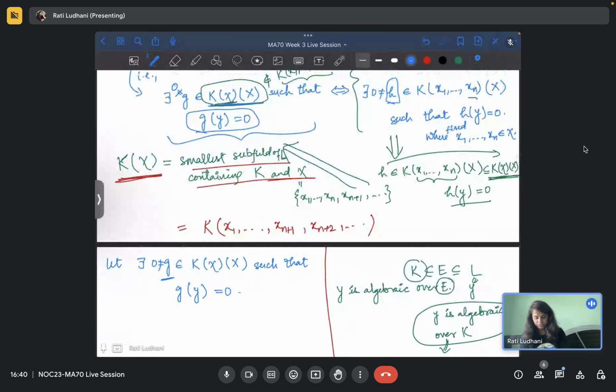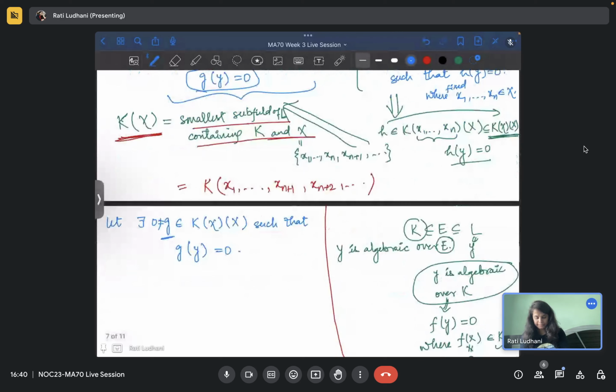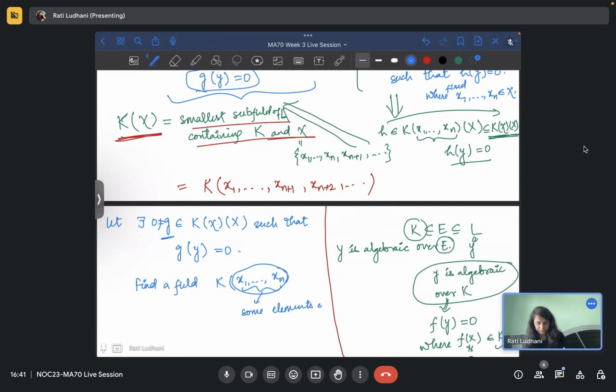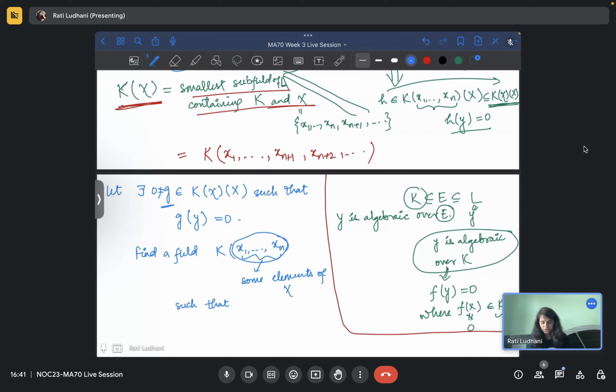So we need to find a field k and some elements of χ, we don't know these numbers, we don't even know n, such that we can get some h.